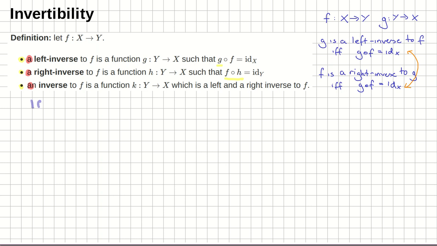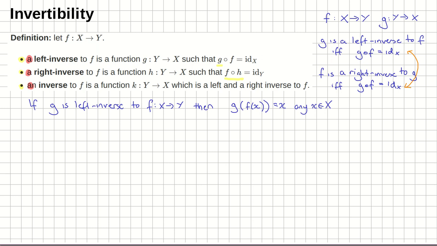If g is a left inverse to a function f, as usual from a set x to a set y, then evaluating this definition at a particular element of the domain x of f tells you that g of f of x equals x for any little x in big X. So informally, what a left inverse g to f is doing is undoing what f did.